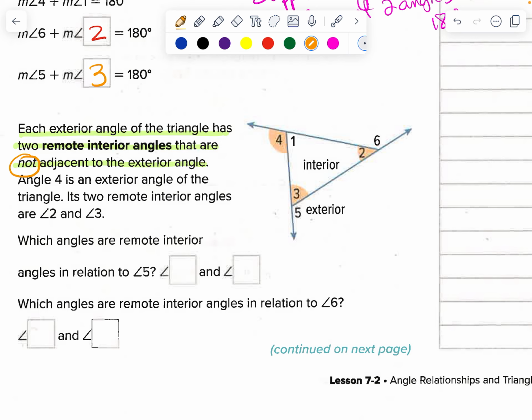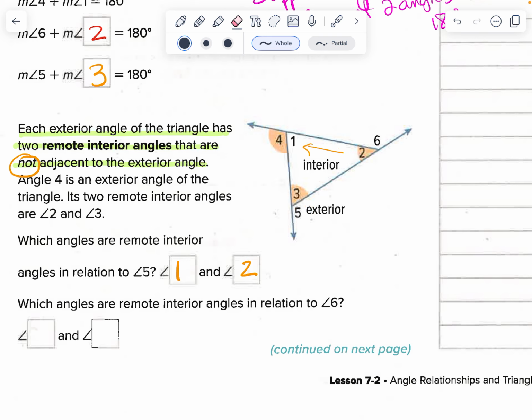Okay, so if I look at angle 5 right here, this is exterior. 3 is touching it, so it's not this one. So the only two that are interior that are left that are not touching it are these two angles, angle 1 and angle 2. Okay?